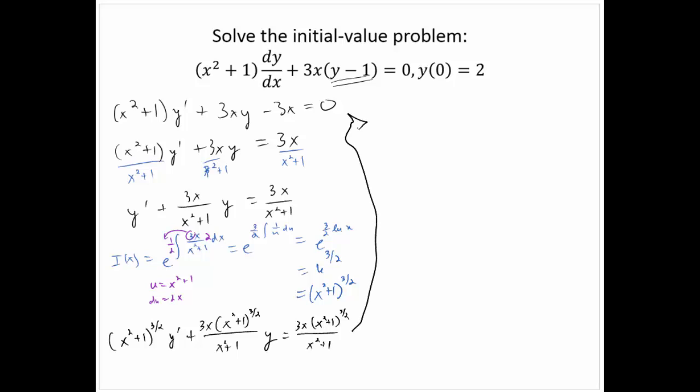All right, simplifying this a little bit, I would have x squared plus 1 to the 3/2 times y prime plus 3x times x squared plus 1 to the 1/2 times y, and on the right-hand side would be the same thing, 3x times x squared plus 1 to the 1/2.